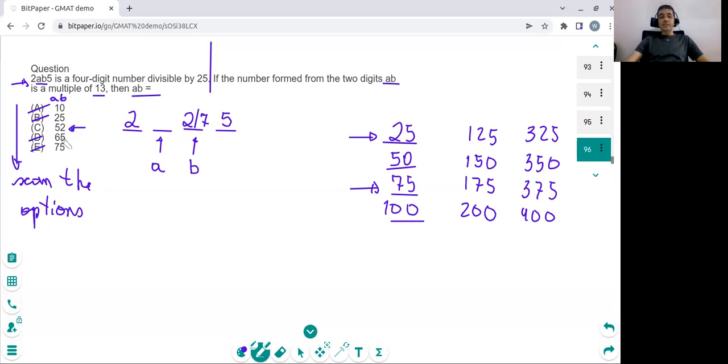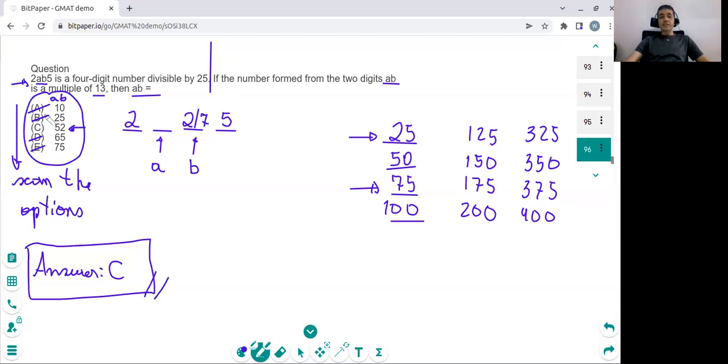The answer must be C, without doing any further calculation, without any sophisticated mathematical calculation. Just understanding the problem, understanding the consequence of what a multiple of 25 is, and how we can use the options in front of us to solve the problem.